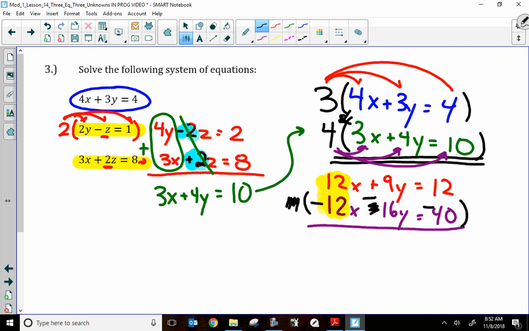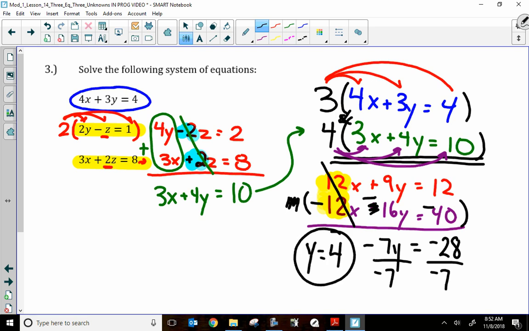And this becomes negative. And now I can combine my terms. Positive 12 and negative 12, gone. Positive 9 and negative 16 give me a negative 7y equals 12 minus 40, which is negative 28. And if I divide by negative 7, I should know that my y equals 4. That's one of my three answers.